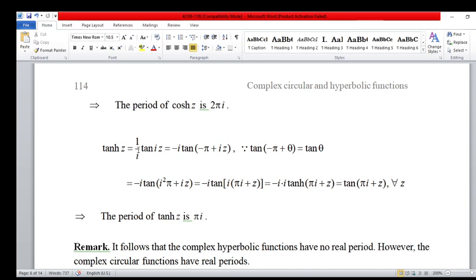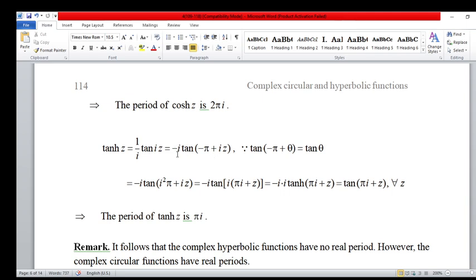So I can say this is minus i, with i in the numerator and denominator i square meaning minus 1, so this is minus i tan of minus pi plus iz, since tan of minus pi plus theta is equal to tan theta.